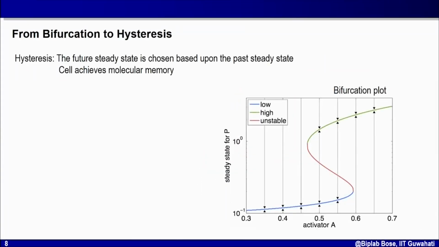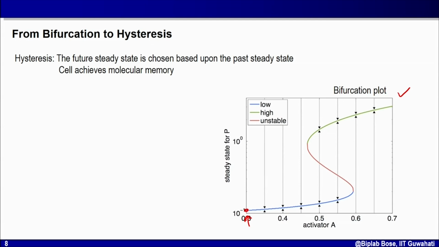Let us look into another interesting thing that can happen in cell biology due to bifurcation. I have drawn the same bifurcation plot here that we discussed some time back. Suppose initially I am treating the cells with a signal of 0.3. If I allow the system to reach steady state, the steady state value of P will reach here.